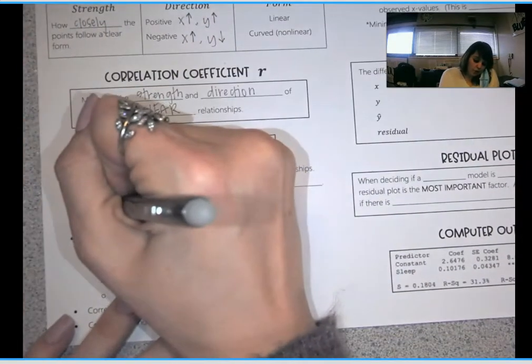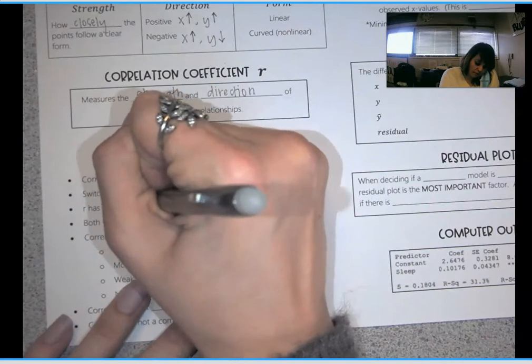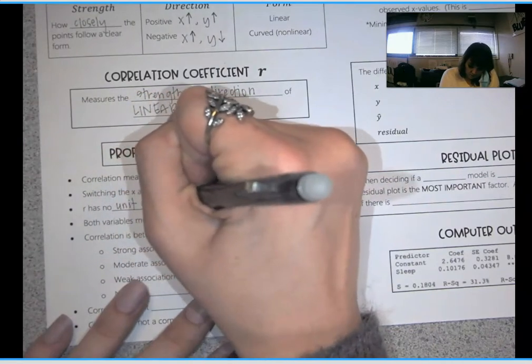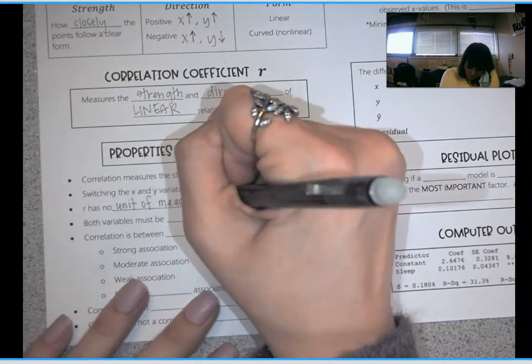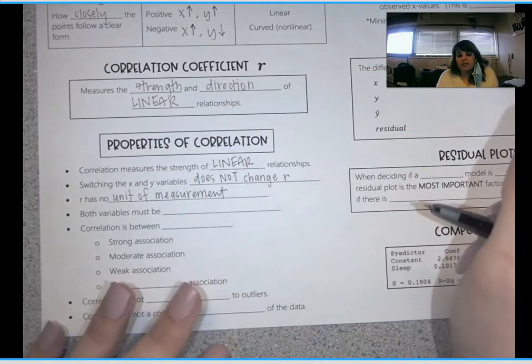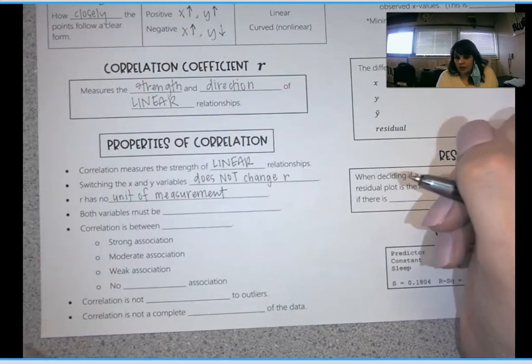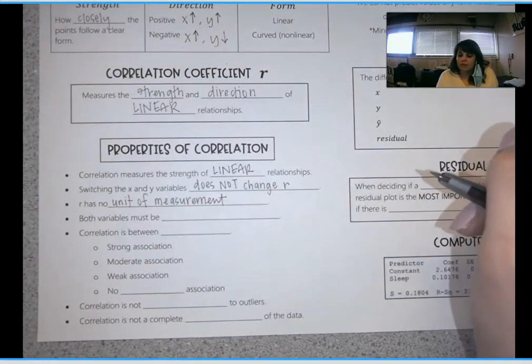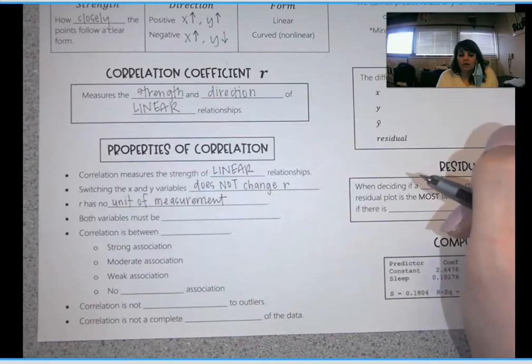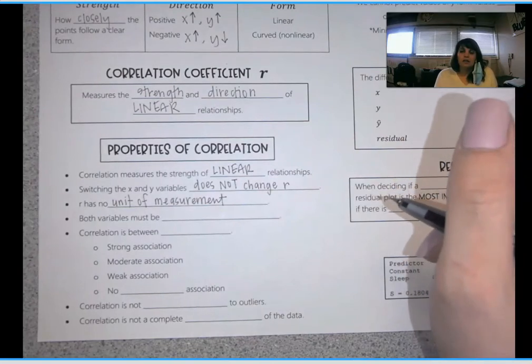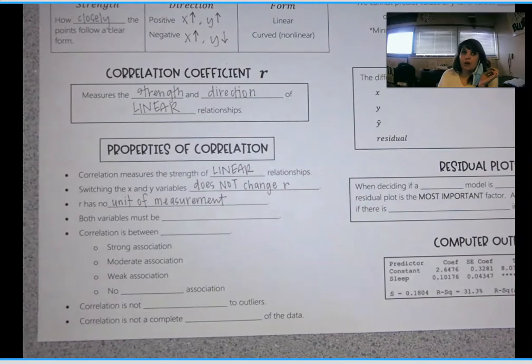R has no unit of measurement. Which means that converting from inches to feet doesn't change the relationship. Converting from seconds to minutes doesn't change the relationship. So you want to think about it like if you are looking at a relationship between, I don't know, like leg strength and race time or something.